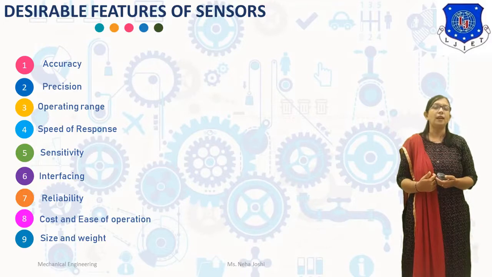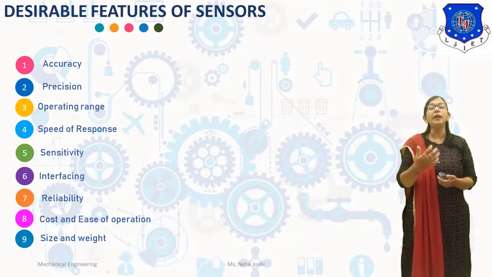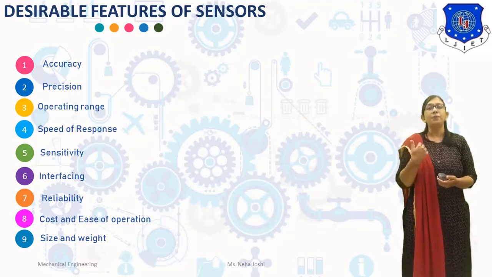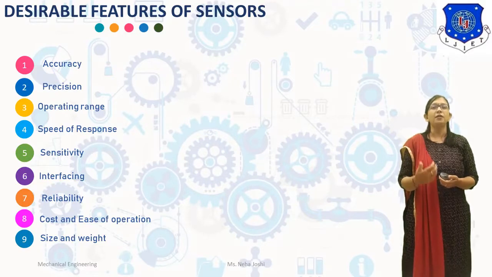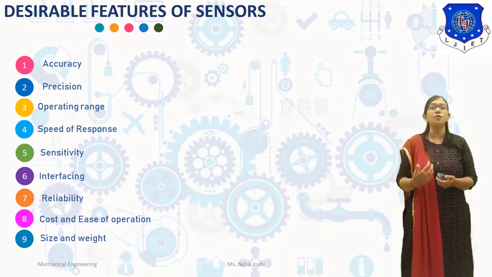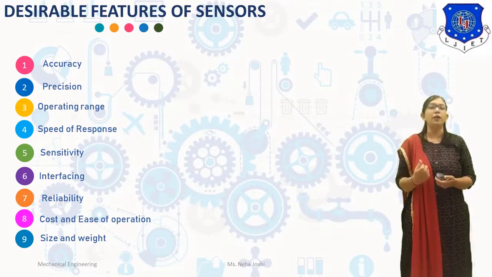The next feature is reliability. Reliability is the ratio between the number of times a system operates properly and the number of times it is tried. For continuous satisfactory operation, it is necessary to choose reliable sensors that last long while considering the cost as well as the other requirements.